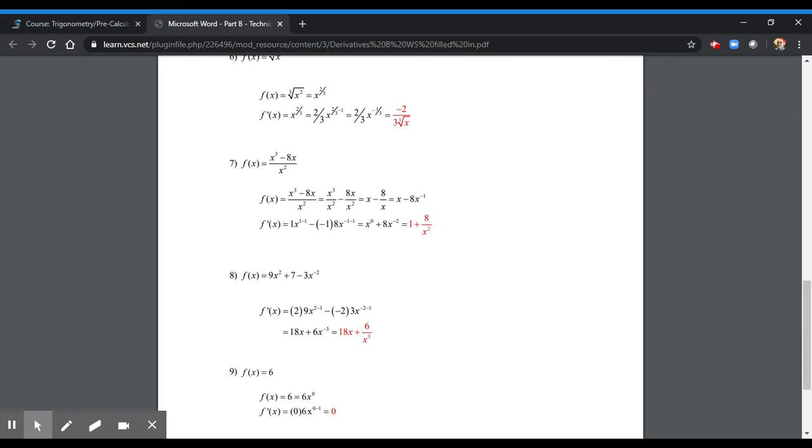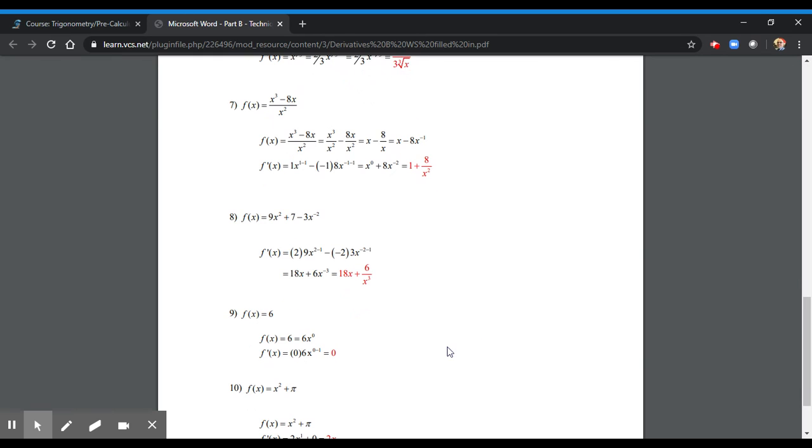Again, the derivative of a constant is just 0, minus, and I'm going to pull down the negative 2 times 3x, and then I'm going to subtract 1 from the negative 2, so I'm left with 18x plus, because I got a negative, 6x to the negative third, and I could write that as 18x plus 6 over x cubed.